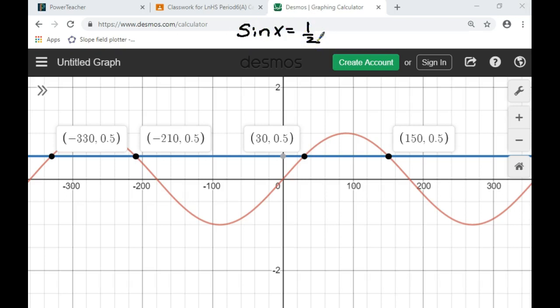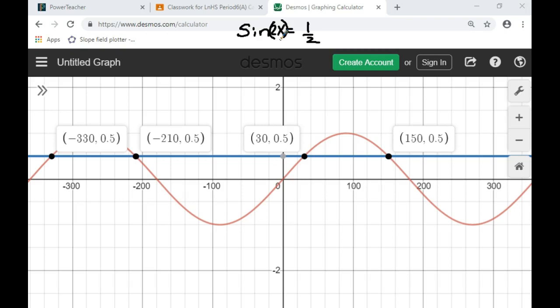What happens whenever you put a number here? When you multiply the x, do you remember what transformation that is? It's horizontal because it's inside the parentheses with the x, and it's actually going to be a compression, so it's going to squish the graph this way.